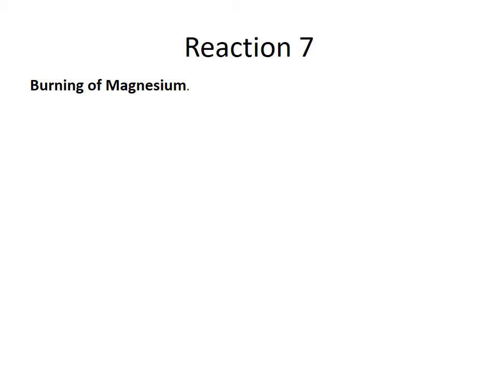And in our last reaction here, we're going to take magnesium and we're going to burn it. Anytime you burn something, you're adding oxygen to it. The 2 will combine, so we have to look at how it's going to combine. It's going to be magnesium oxide, and magnesium has a +2 oxidation over oxygen's -2, so it'll combine like that.